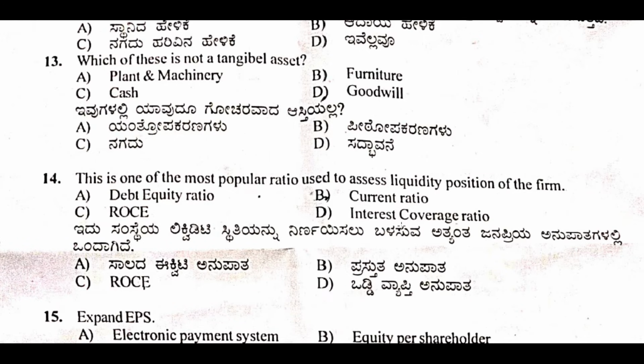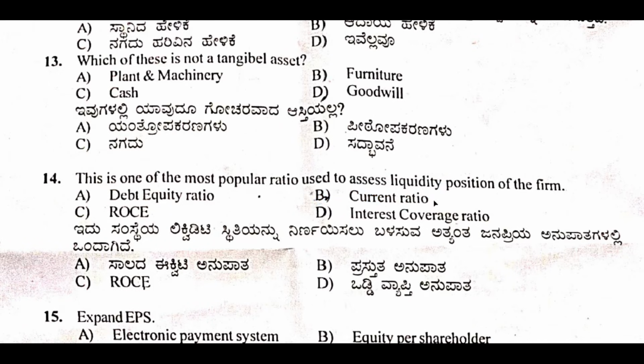The most common liquidity ratios are the current ratio and quick ratio. These are very useful ratios for calculating companies' ability to pay short-term liabilities. So therefore, the right option is current ratio, option B.